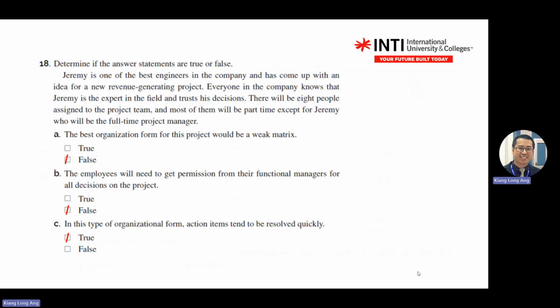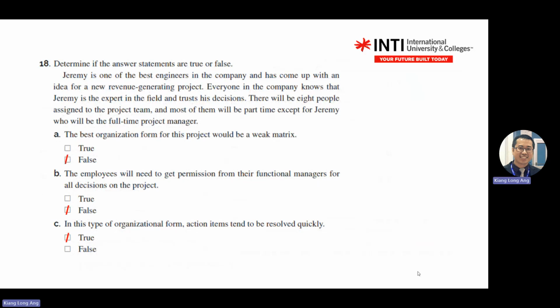Yes, it's different. The highlight here is Jeremy and how we manage. You can see the major role is given to Jeremy. I told you, he's a full-time project manager already. So in the table just now, part-time, then full-time, right?